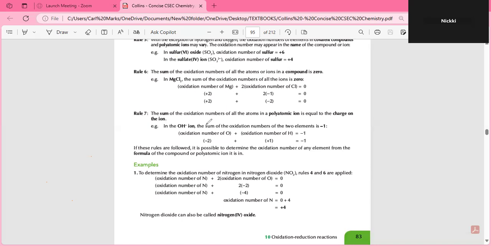All right, let's see. The sum of the oxidation numbers of all the atoms in a polyatomic ion is equal to the charge on the ion. This is similar to what we did here, right?